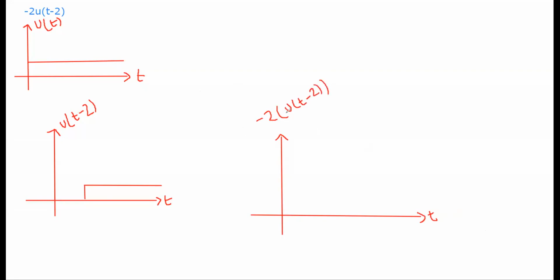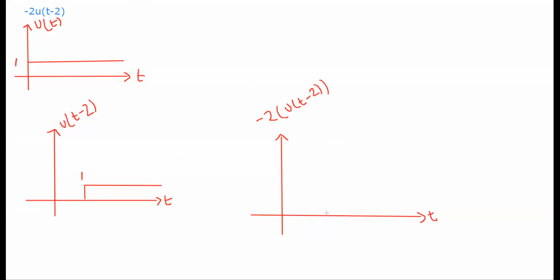Minus 2 into u of t minus 2. See here the signal has the amplitude of 1, since it is a shifted version of the unit step signal. So now let us multiply it with minus 2. 1 into minus 2 is equal to minus 2.